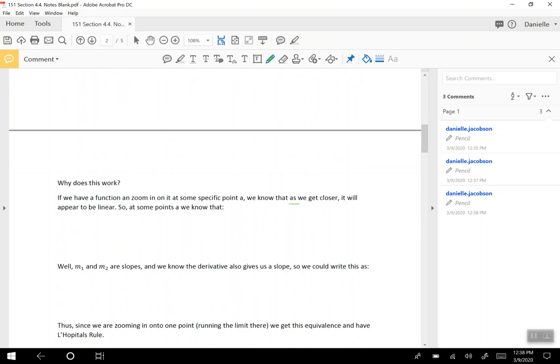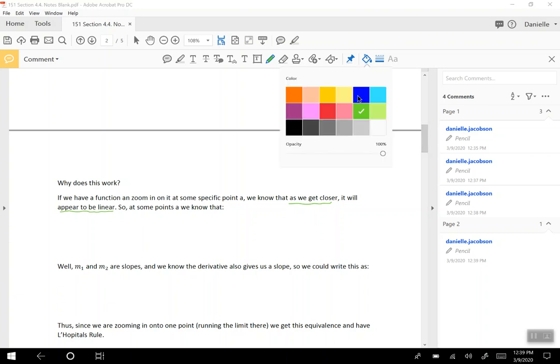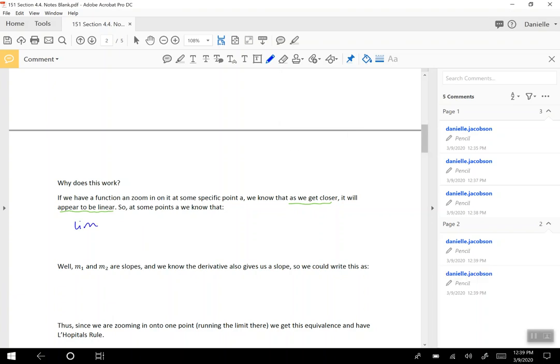So as we get closer, it will appear to be linear. Since it looks linear, we know that the limit will look just like the derivative. So I'll write this. If we think about our function, just the function for now, f of x over g of x.